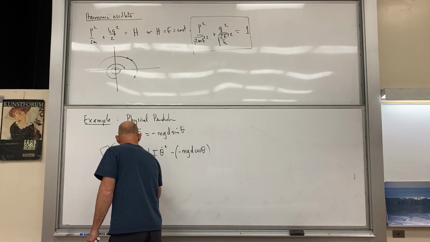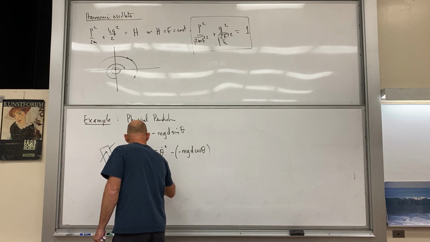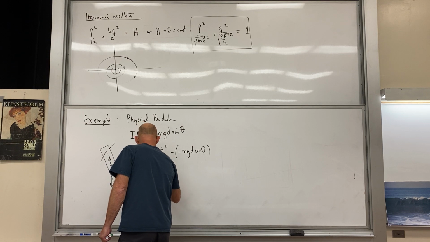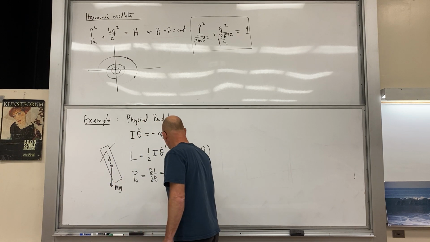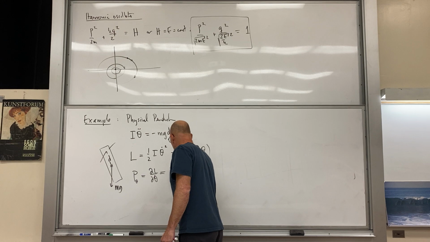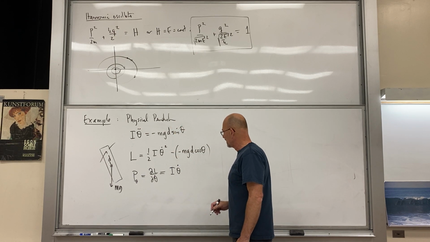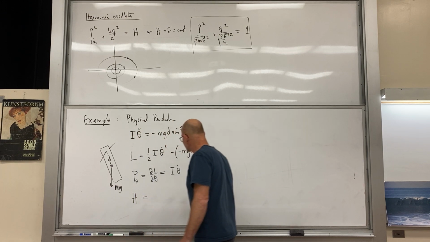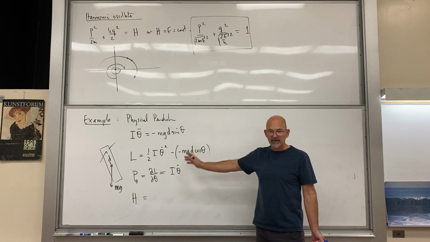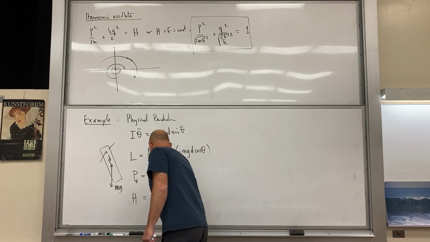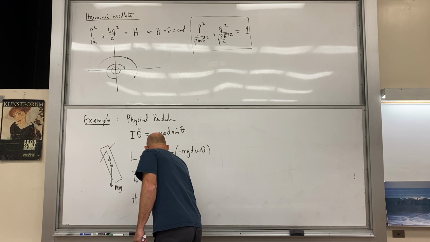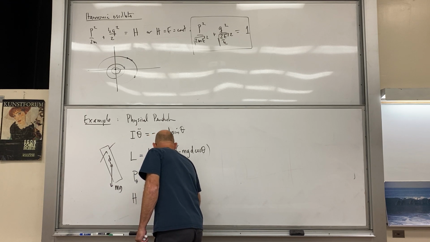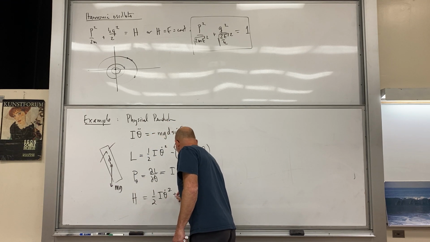So then we have P sub theta is equal to dL d theta dot is equal to I theta dot. And we know that the energy for this basic kind of Lagrangian is just the kinetic plus the potential. So we'll go ahead and write it this way. Not yet the Hamiltonian, but I'm already giving it the letter.